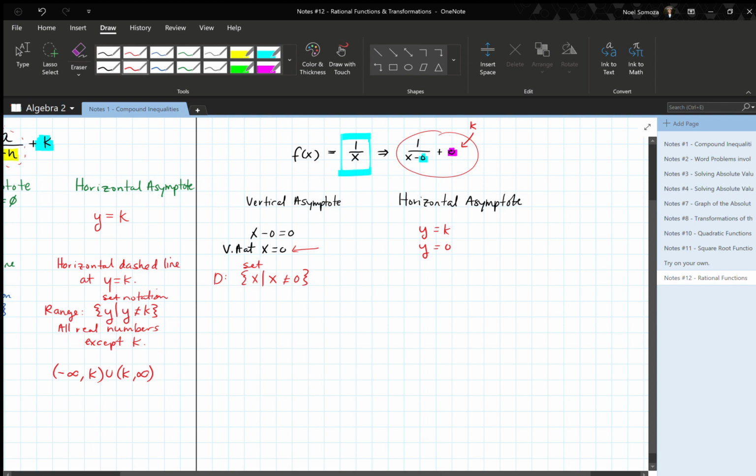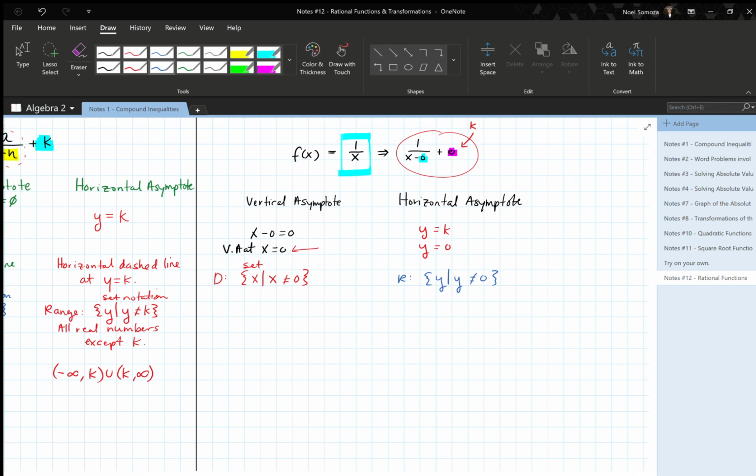For my range, it's going to be the set of all y values such that y does not equal 0. So 0 is going to be the one input that I cannot have, and 0 is the one output that my function will never be. It will never be 0.